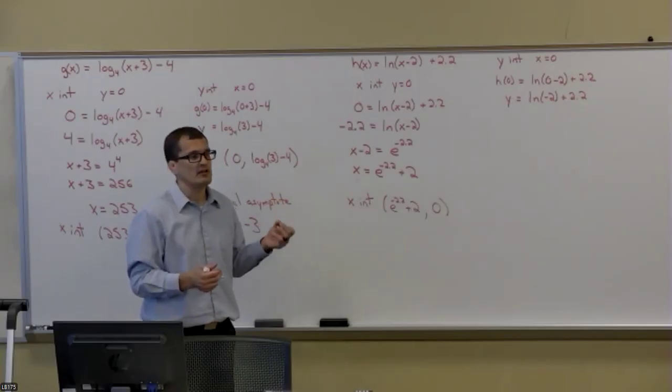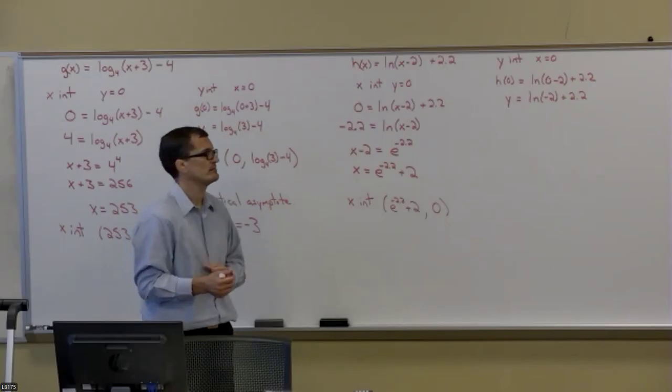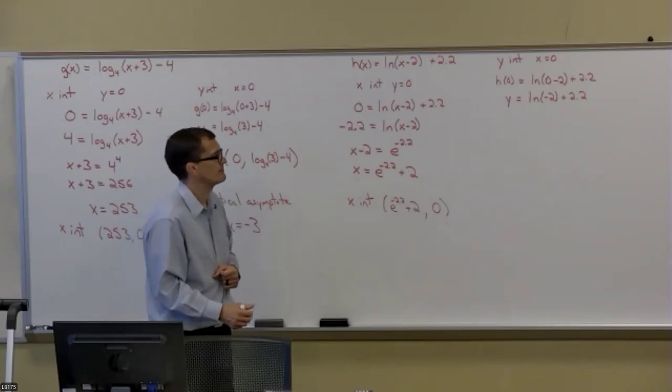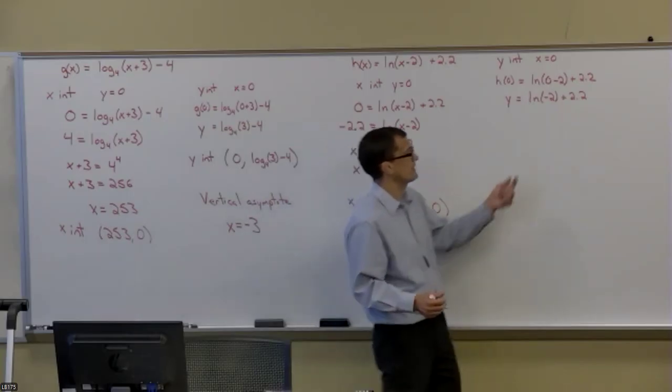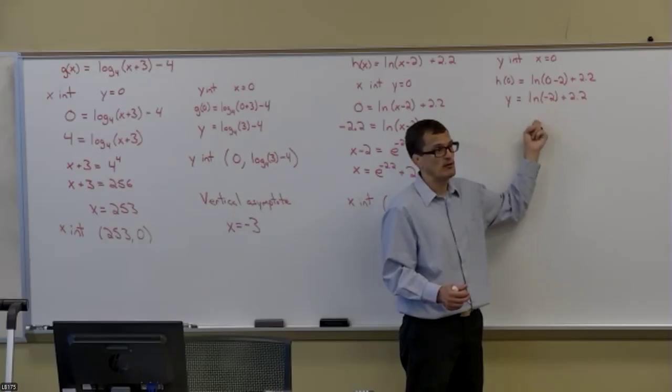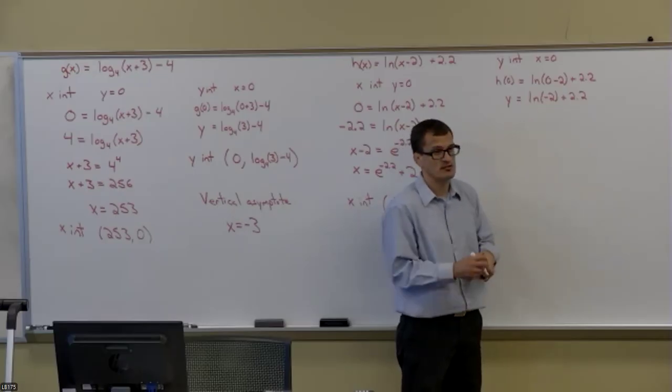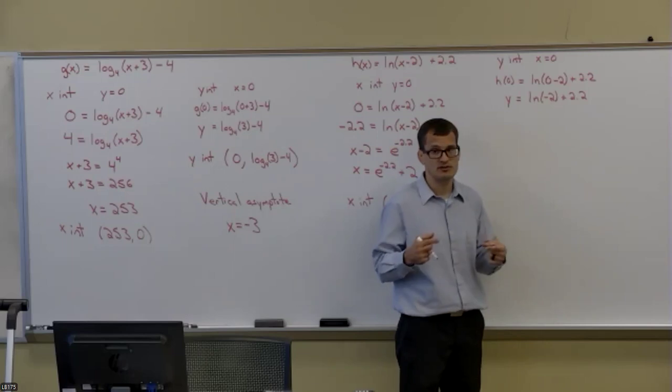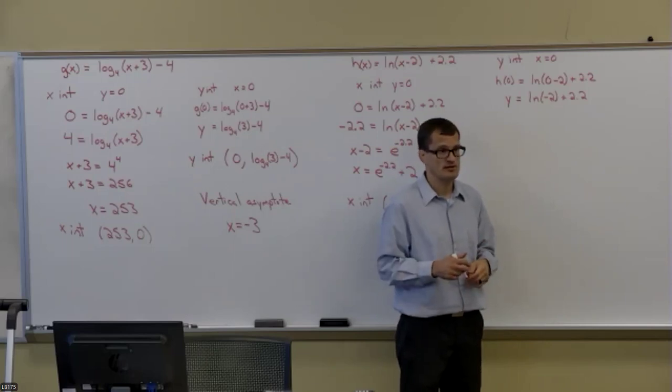The domain of a logarithm, like the numbers I can plug into any log, have to be positive, because we're saying e to what power is negative 2. There's no way I can get a negative if I take a positive number and multiply it times itself.